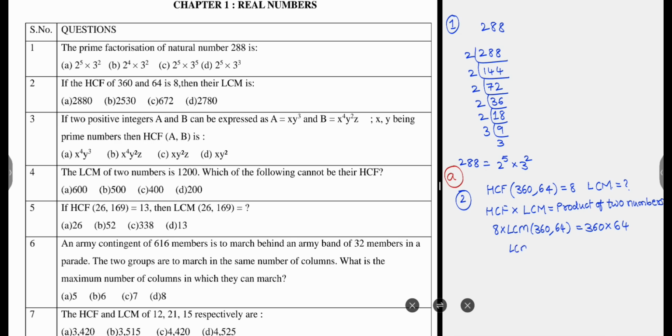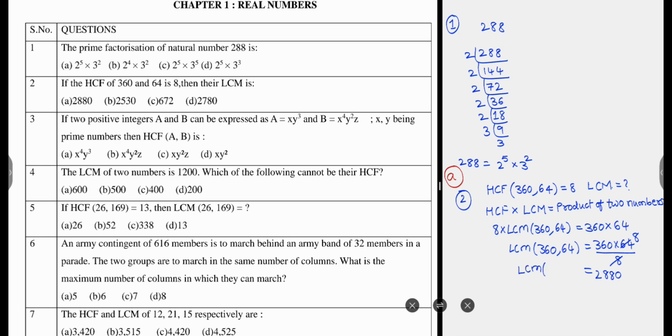So LCM of 360 comma 64 is 360 into 64 divided by 8. Now 8 ones are 8, eights are 64. After multiplication, 8 sixes are 48, so it is 24 plus 4, 28. So the answer is 2880.